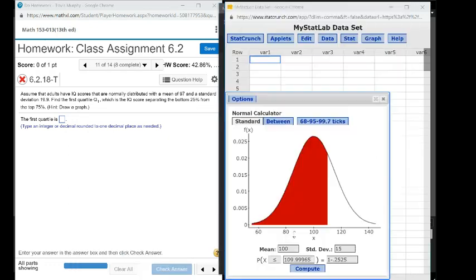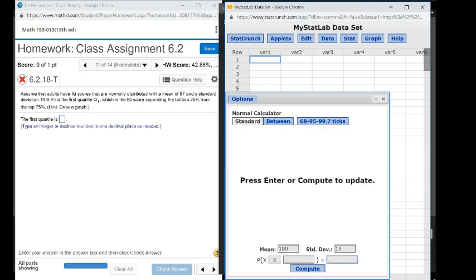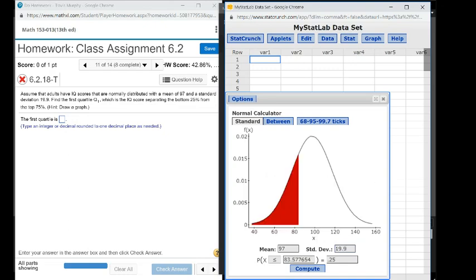Go to your calculator, type in 0.25, and the mean is 97, the standard deviation 19.9, then compute.